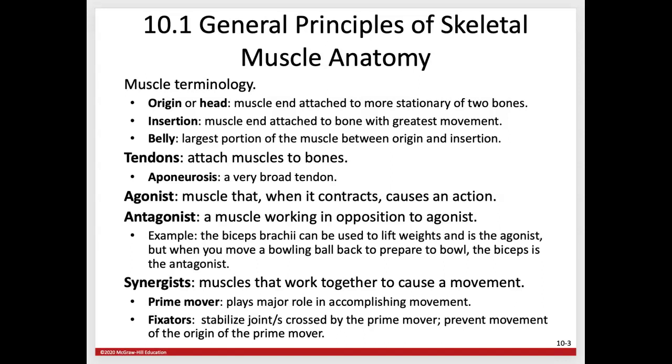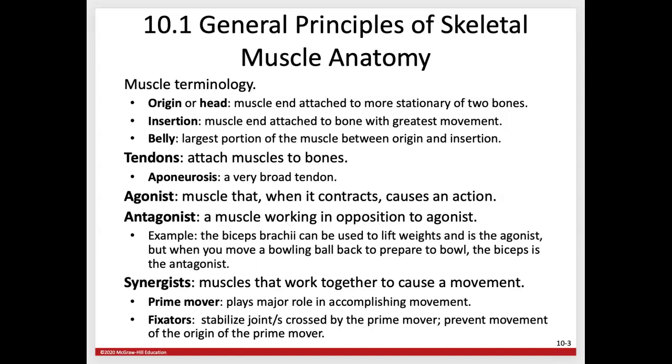So the 2 points of attachment of each muscle to the bone are called origin and insertion. The origin is also called the fixed end and is usually the most stationary proximal end of the muscle. Some muscles actually have more than one origin.